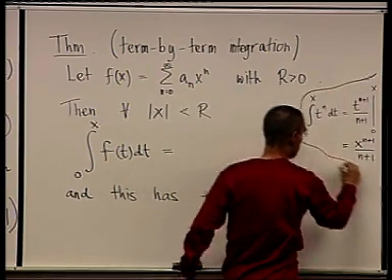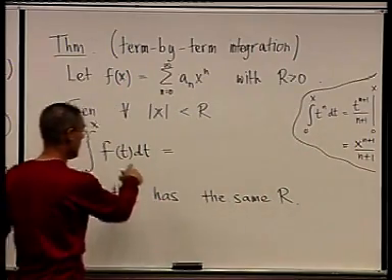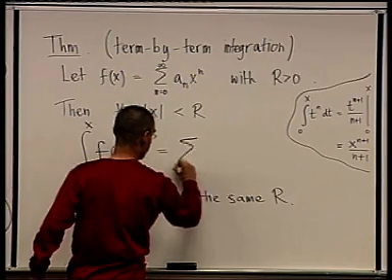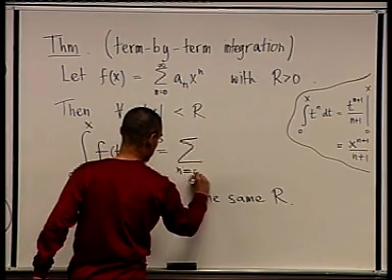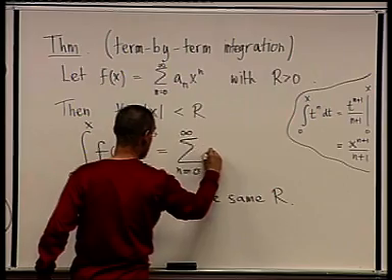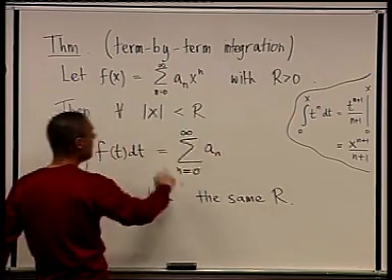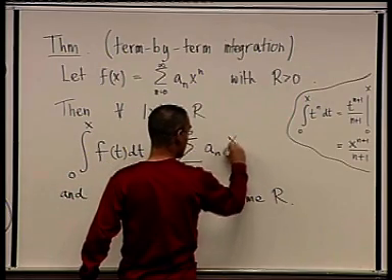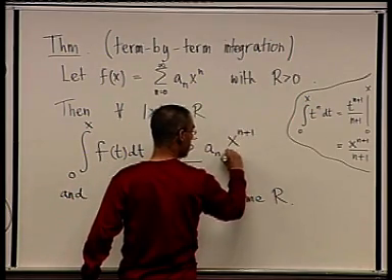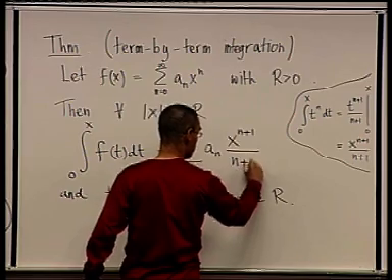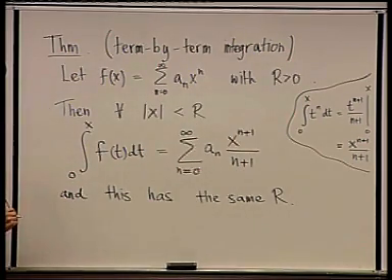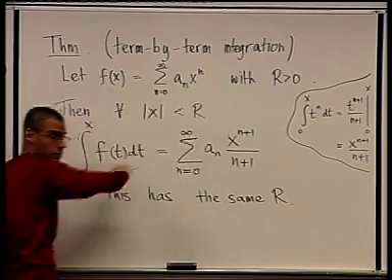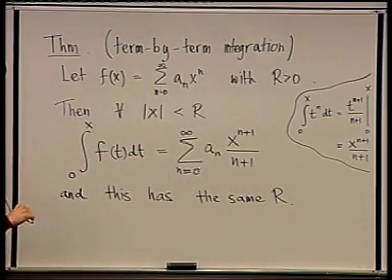So this is a little side calculation, and that justifies writing here the sum from n equals 0 to infinity of a n times the integral from 0 to x of t to the n, which is x to the power n plus 1 over n plus 1. Clear? I'm integrating term by term, integrating each power separately.